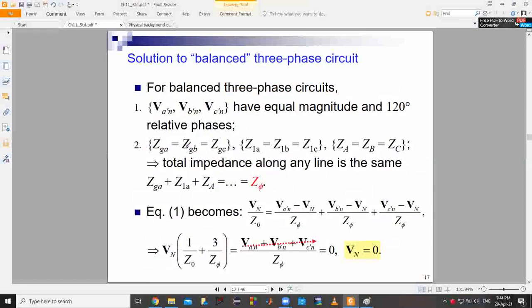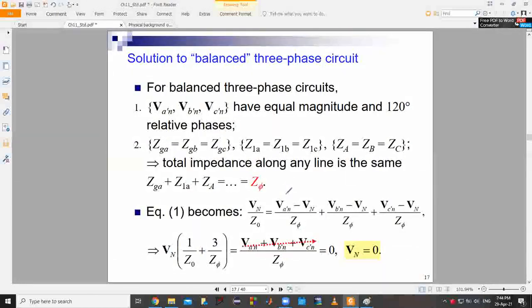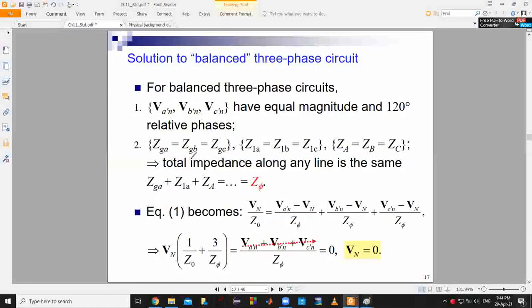Now, when it is balanced, this configuration is set up where this must be 60, and then we would have this difference. So when it is balanced, the source voltages are made to have equal magnitude, and of course the 120 degree relative phases. Now the impedances of the sources, because the same sources are used, are equal to one another, and the line impedances are the same, as are the load impedances.